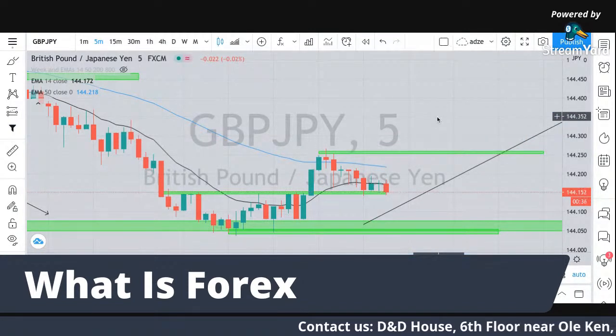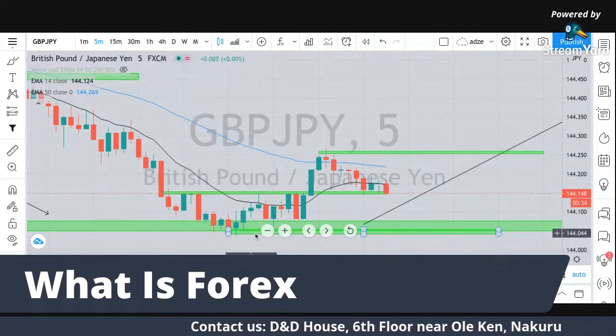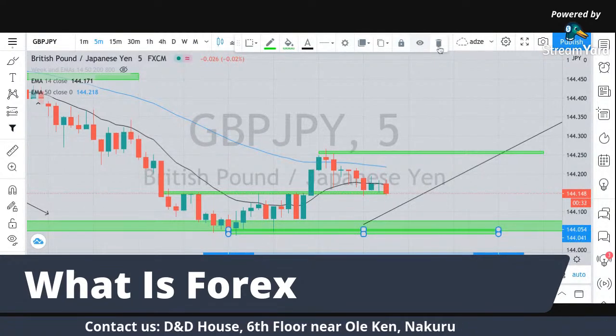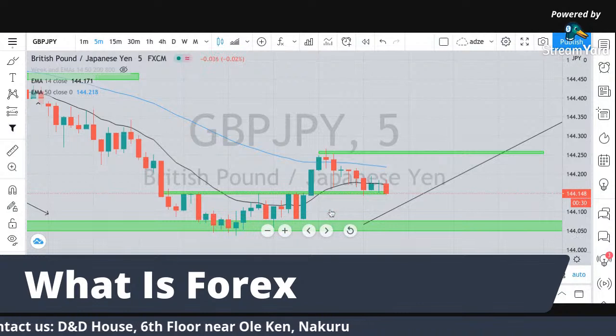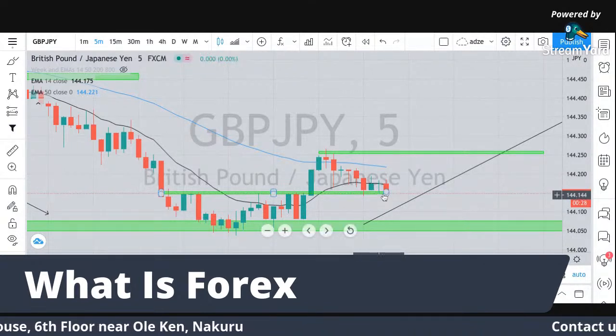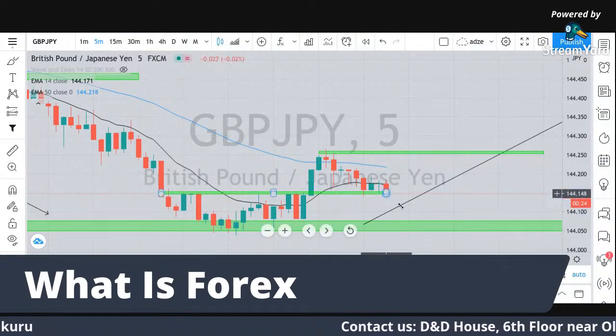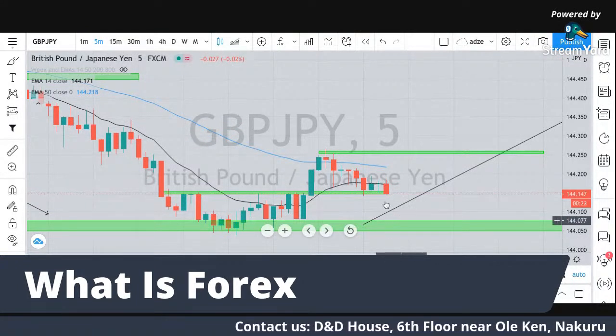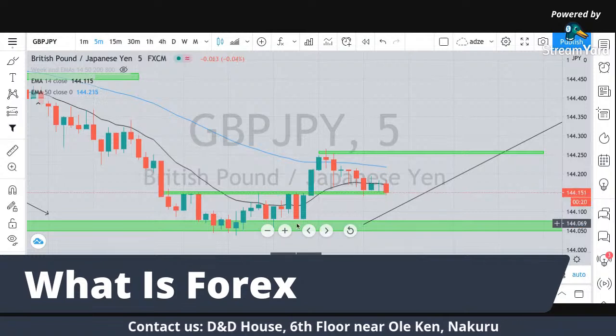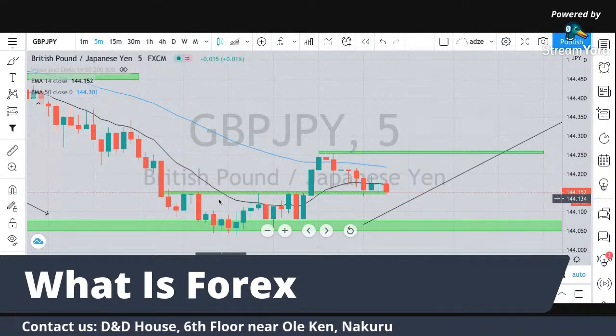This is our high, this is our next high. This one was broken, the low is being retested. Price can decide to sell this one to break this zone. But let's wait and see.